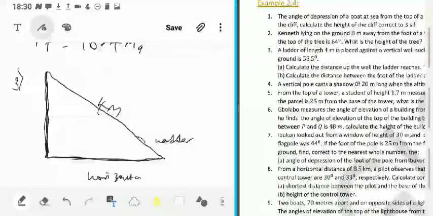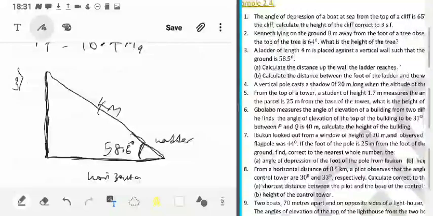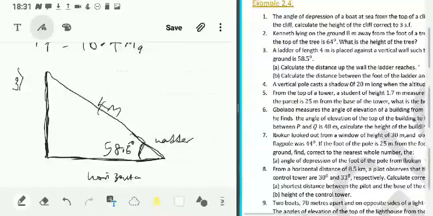I've told you lines of horizon are always like this. The angle between this ladder and this horizontal ground is given as 58.5 degrees. Let me write this clearly. A, calculate the distance up the wall the ladder reaches.